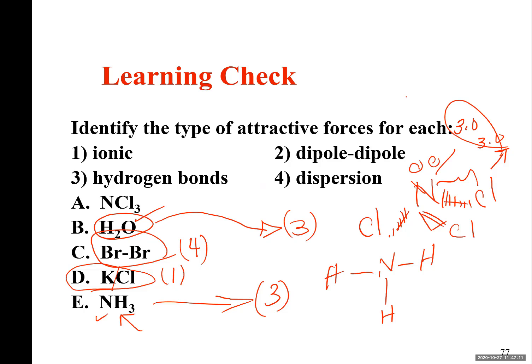However, you have a lone pair. You remember we said when you have a lone pair, the electron cloud is not symmetrical. There is more cloud at this end than the other end. So even if you have non-polar bonds, you see a little bit of accumulation of electron density on the upper part.